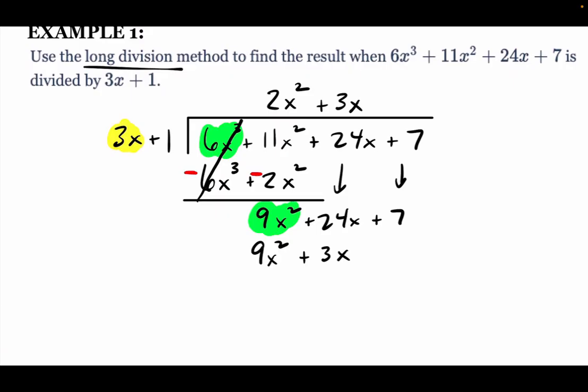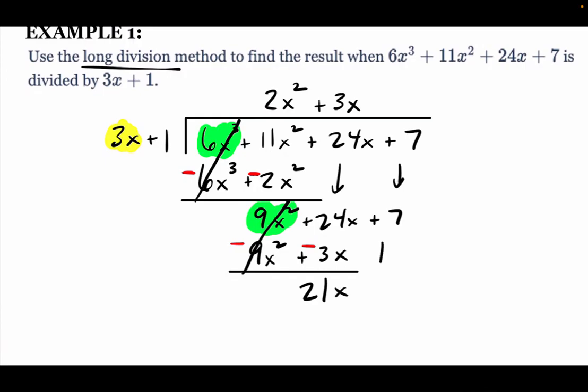So if they are positive before, we're going to change them to minus or subtraction. Okay? 9x squared minus 9x squared, 0. They match. So if you subtract the same thing, they should disappear. 24x minus 3x, 21x. Bring down the positive 7 I haven't used.